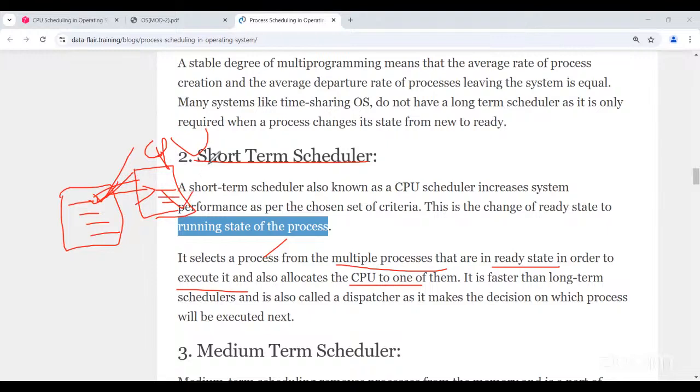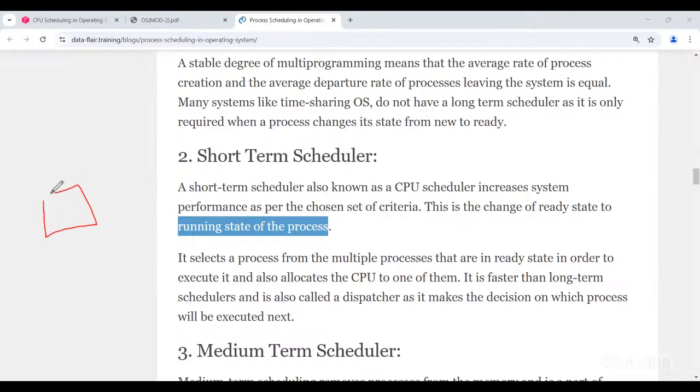As it is the short-term scheduler, this process will execute within less time. So it is faster than the long-term scheduler. The long-term scheduler will take more time and the short-term scheduler will take less time.